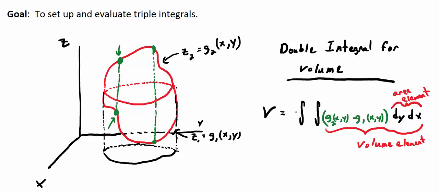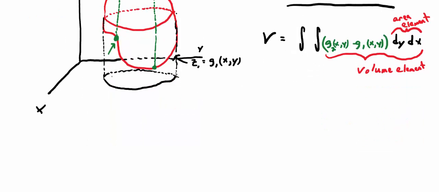So what would the limits of integration look like? Generically speaking, if we think in terms of the xy plane, this would be the region in the xy plane. The projection of that object down in the xy plane would be the region that we're integrating over.